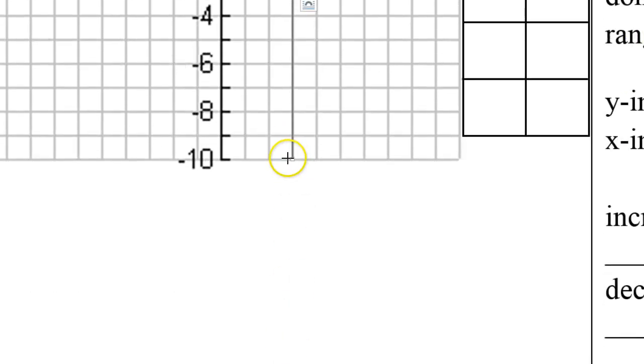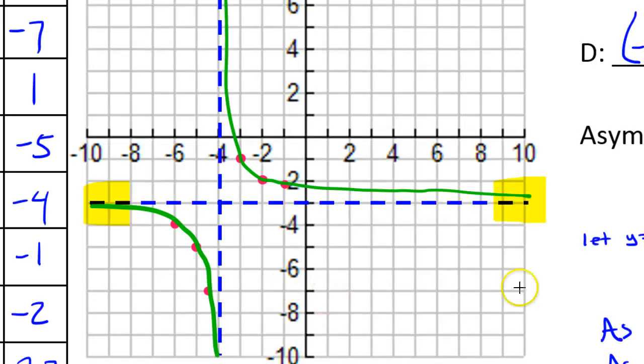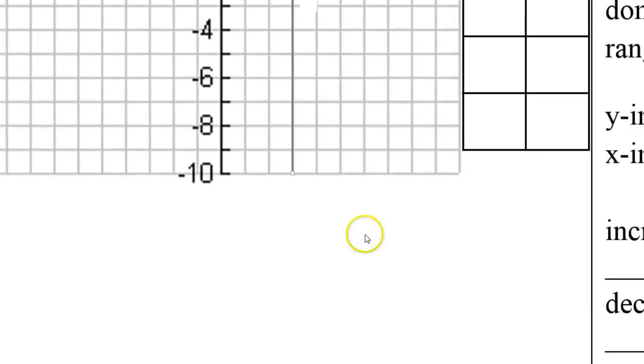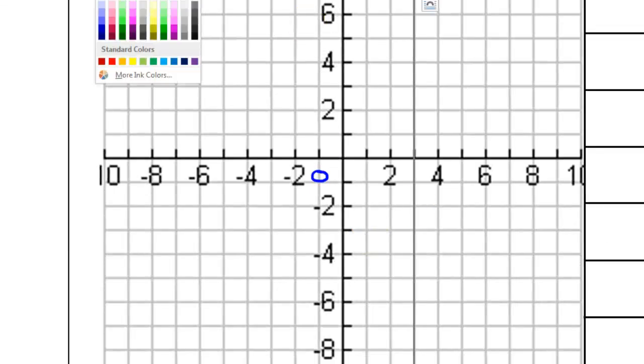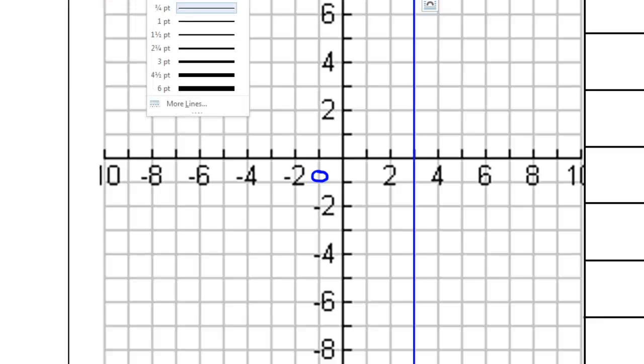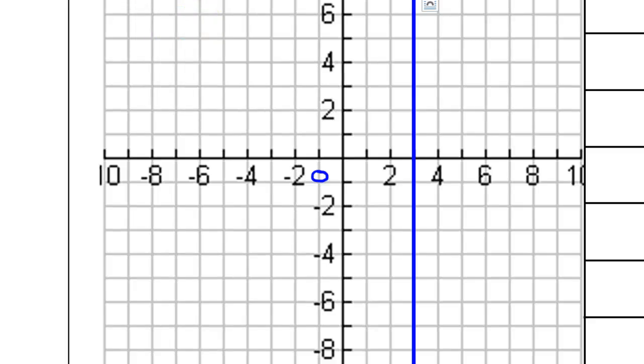Whoa, too much. Okay, so I have a hole and a vertical asymptote at -1 and 3. I can get the domain just from this, nothing else, okay?